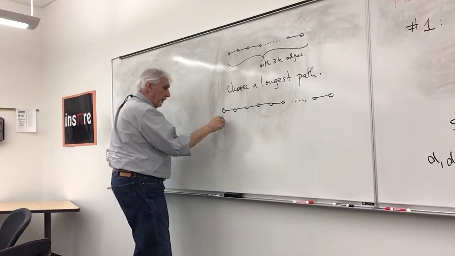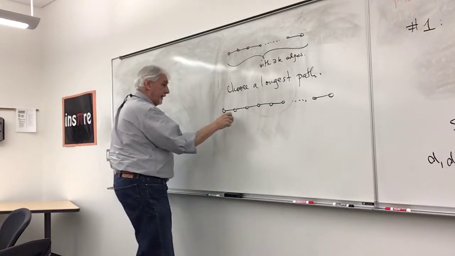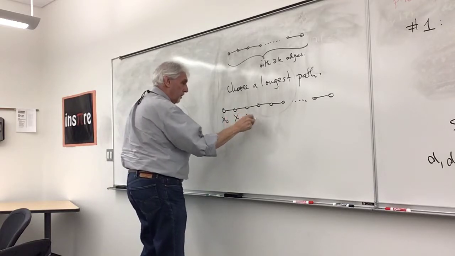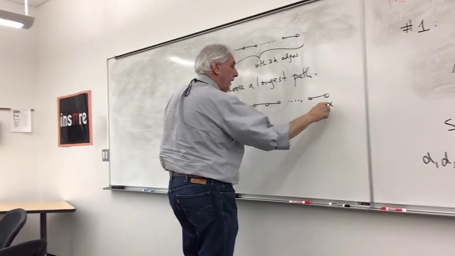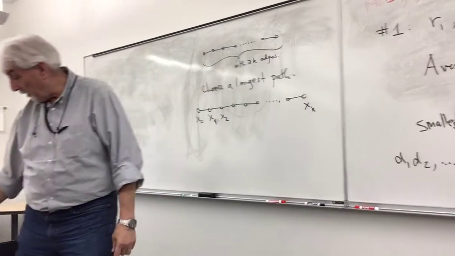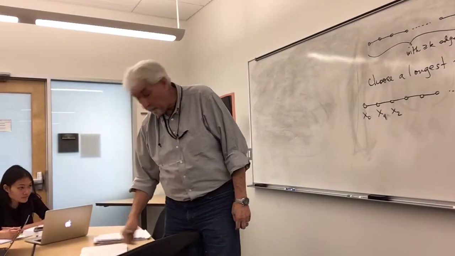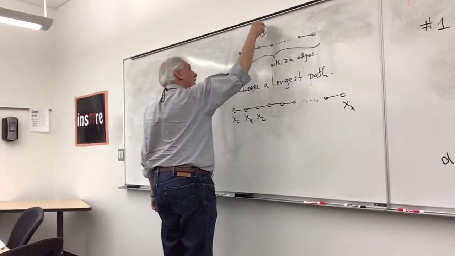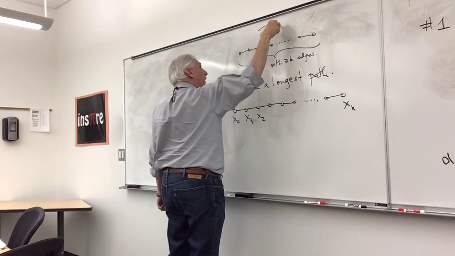Okay, and I'm going to label it. I like x's, x0, x1, x2, and xm. Now, the only thing else I know is that the min degree is greater than or equal to k.